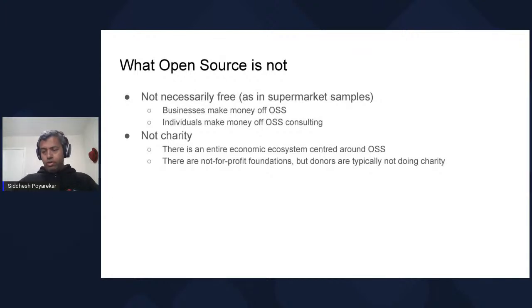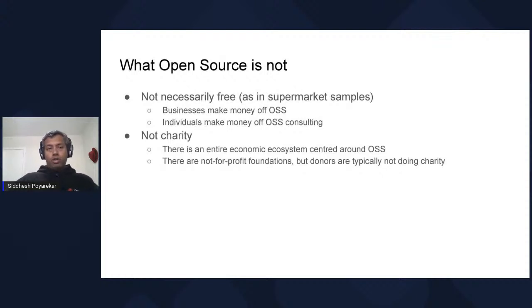The other very important point that I want to drive home about open source is that it's not a charity, right? It is not something that you donate to when you're participating in open source. There is an entire economic ecosystem around open source software, right? You have developers, you have companies, you have governments that depend on this entire ecosystem now.